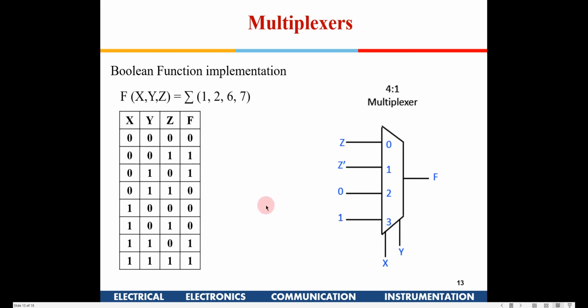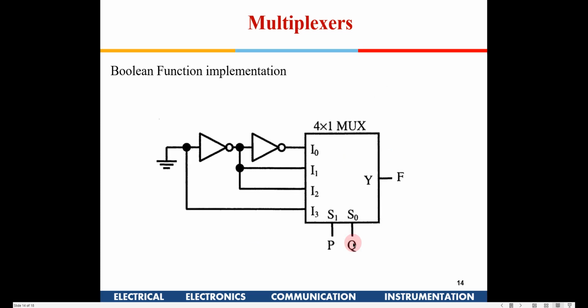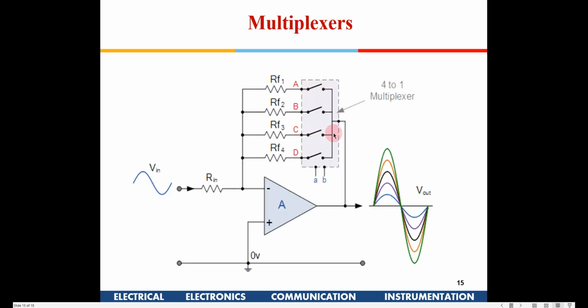In case it is asked to implement using a 4 into 1 mux, in that case you will have to make pairs like this, 2 2 2 2, and then express f in terms of the third variable. So these are the 2 techniques which you will follow to implement any boolean function using multiplexers. So these are the various kinds of applications of multiplexers.